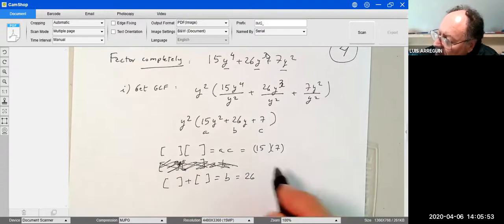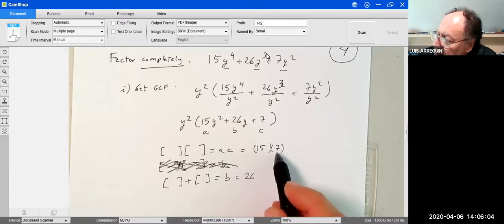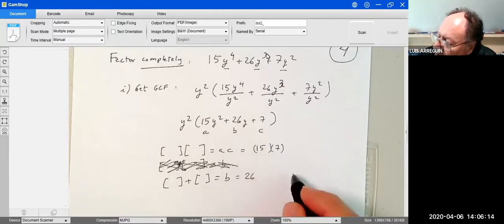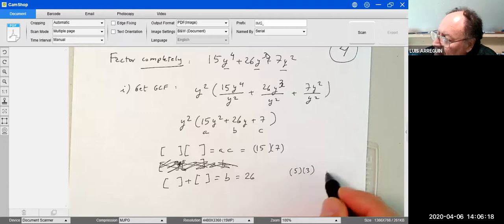So what are the possibilities? If we add these two, 15 plus 7 is just 22, so it doesn't work for this, so we need to break this number. So 15 can be broken as 5 times 3, and we have 7.